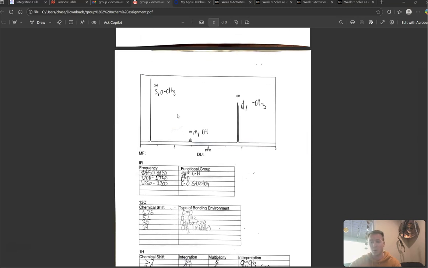Now, for 1H, to start off, we can see around 3.7 we do have a chemical shift. It's an integration of 3H, and its multiplicity is a singlet. We do show a methoxy group, which is an oxygen attached to a methyl. Around 2.6, we do have a 1H integration. It's going to be a septet, which is the most accurate way to describe it.